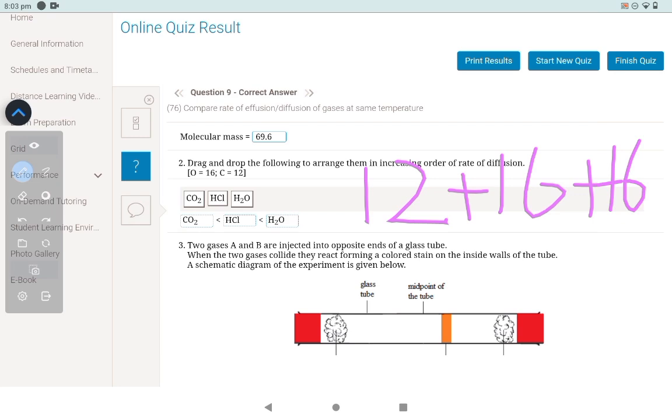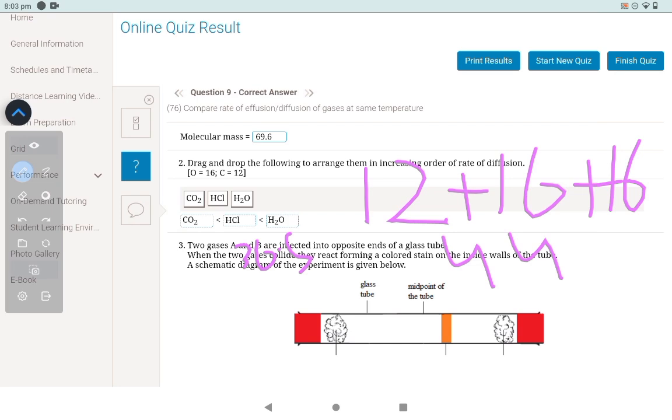HCl will be, as we know, 36.5, and this one H2O will be hydrogen is 2, and oxygen would be 16, so that's 18.